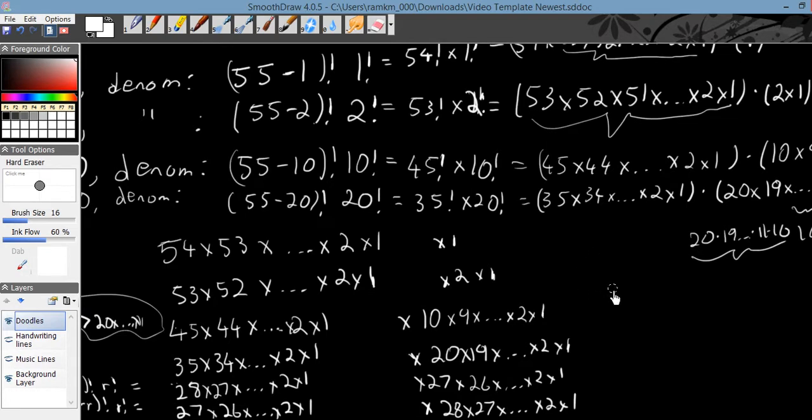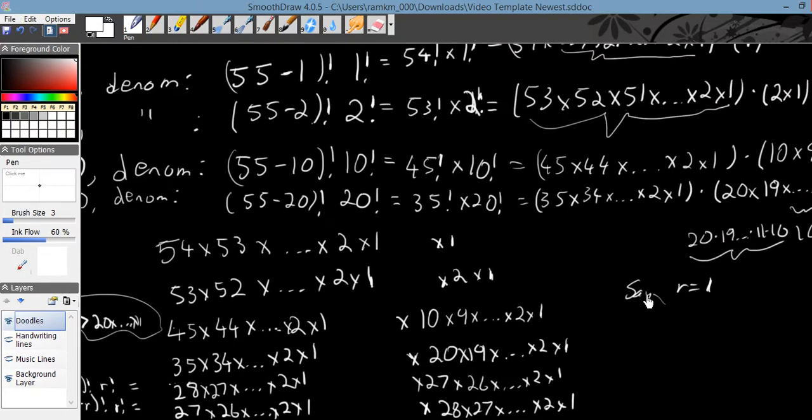What about when r equals 1? Let's say r equals 1. Well, if r equals 1, then we're going to have 55 minus 1 factorial. Or have we considered that case already? No, let's say r equals 54.